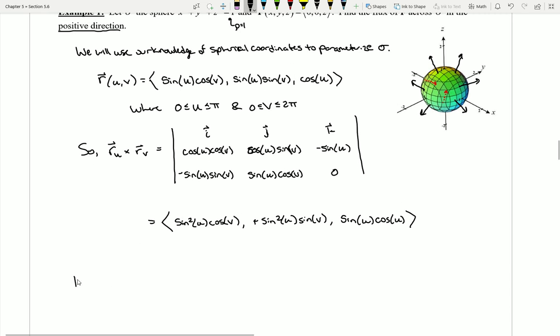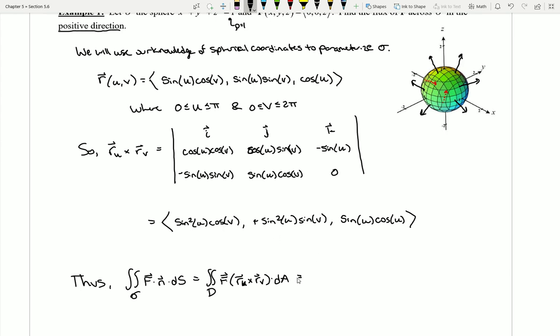Okay, so my double integral over sigma for f dot n dS simplifies down to f dotted with my cross product, r_u cross r_v, times my dA, which is in terms of u's and v's.